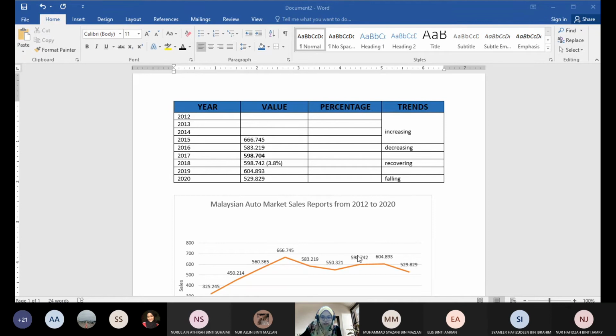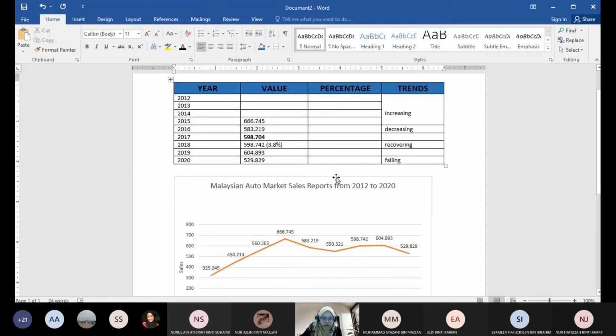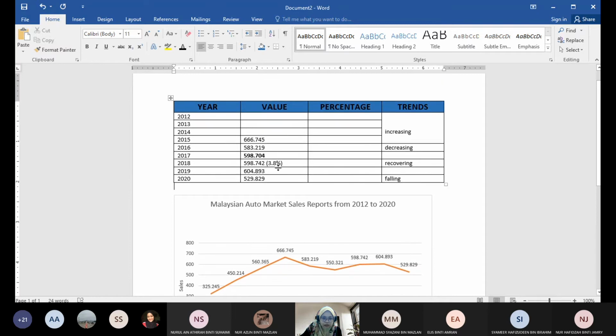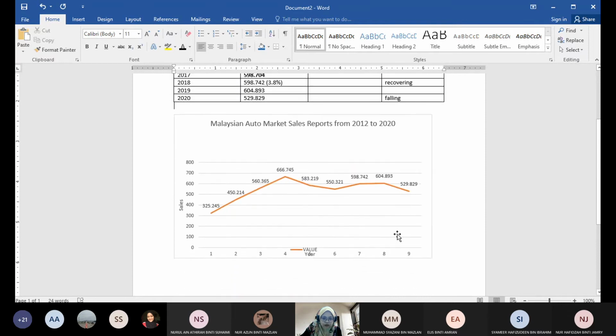Alright, so tadi kita dah masukkan dekat dalam data dia, table dia. So dia akan jadi macam ni lah. Okay, so from the table here, you boleh come out sebab I cakap kan the changes. Kalau kita nak tengok changes of value tu, kita boleh guna line graph. Okay, ni total sales, x-axis dia this one, total sales dia.